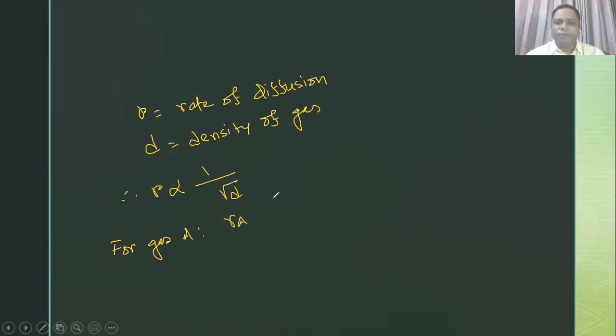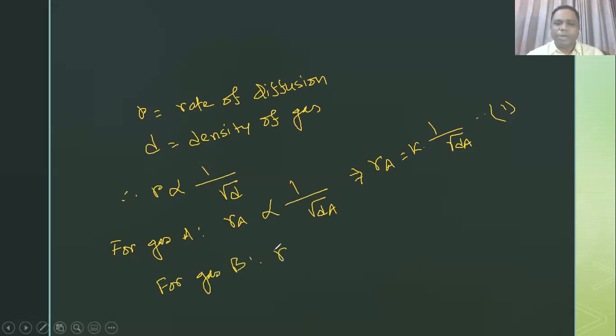And in order to explain the concept for different gases, we can consider it like this. The rate of diffusion for gas A is related to its density, from which we can write RA = K × 1/√dA. This is equation number 1. And for gas B, we can write RB = K × 1/√dB. This is equation number 2.